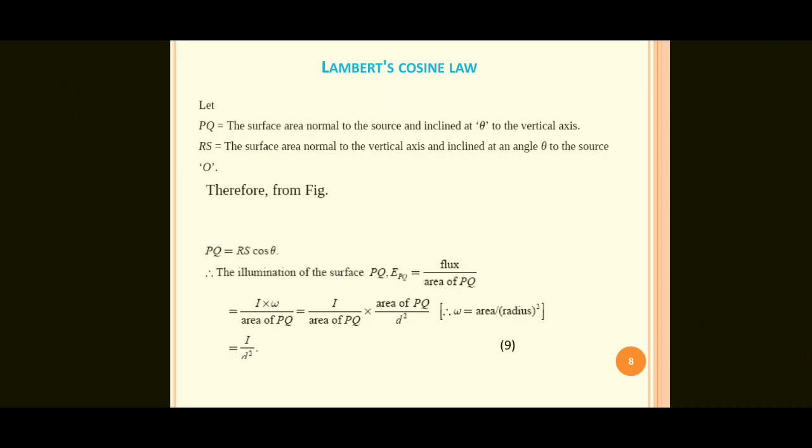That is I by area of PQ into area of PQ by d square. So finally it is I by d square.